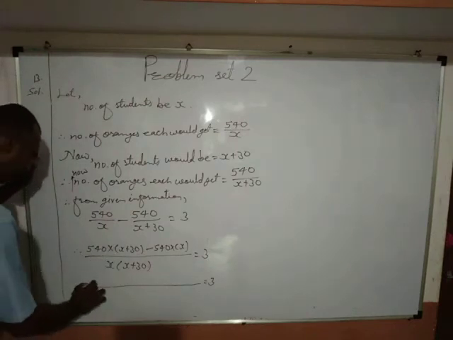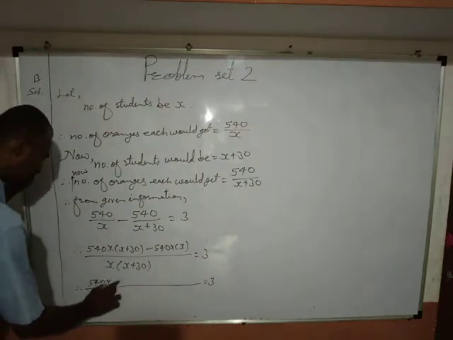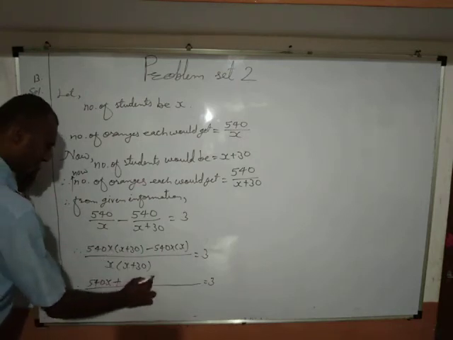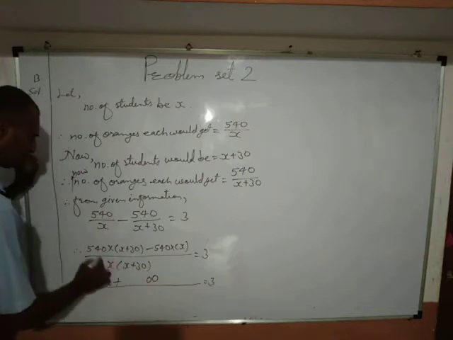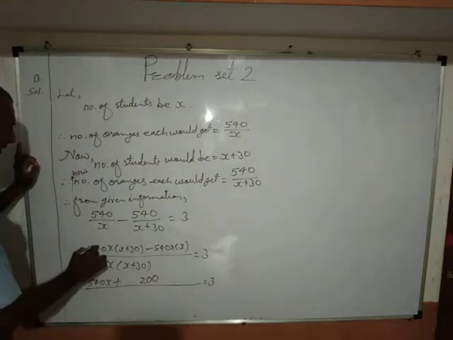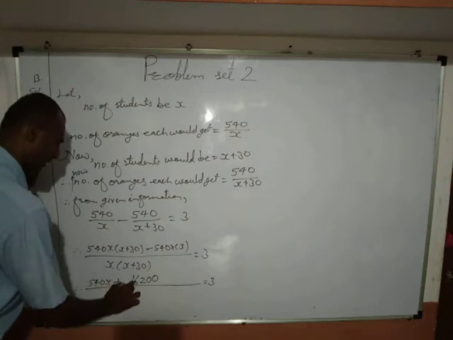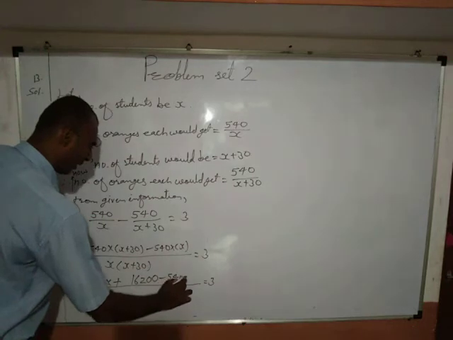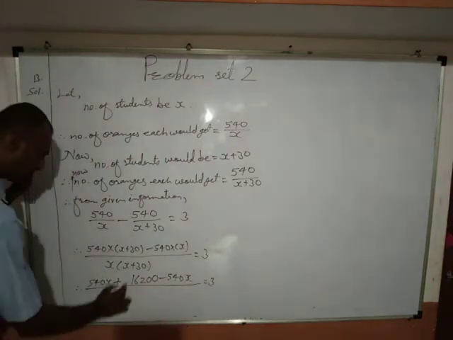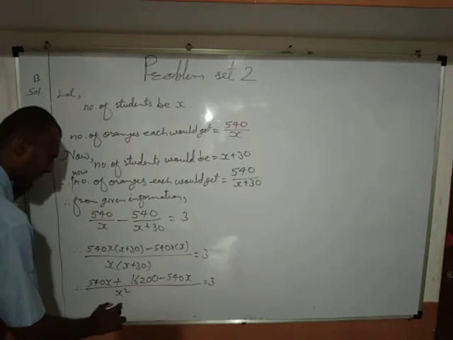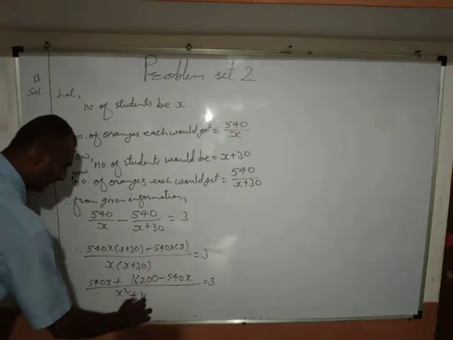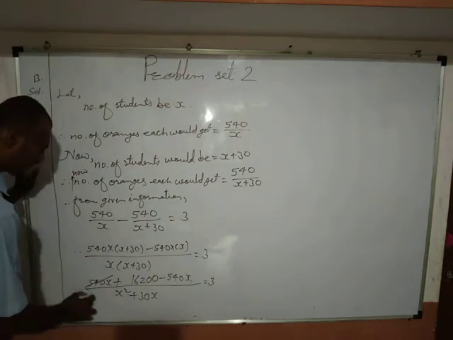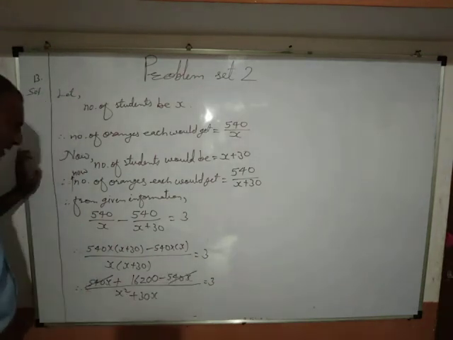540 into x gives us 540x, 540 into 30. Okay, 0 0 let's keep aside. 3 4s are 12, carries 1, 3 5s are 15 and 1 16, 16,200 minus 540x upon x into x gives us x square, x into plus 30 gives us plus 30x equal to 3. 540x minus 540x will cancel each other.